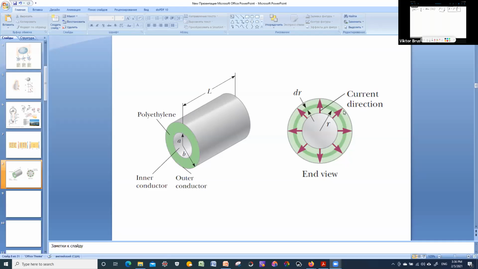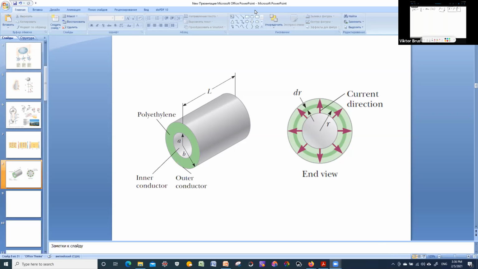Since we have electric current lines going perpendicular to the surface of this cylinder, in all directions, we have this cylindric symmetry, we can apply this approach and integrate over R, the radius position vector.